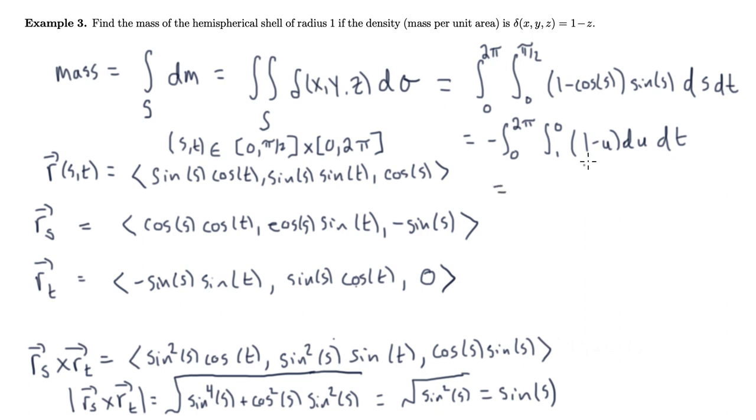And so what do we get? This looks like, well, we get a 2 pi, and then I can switch the order of the limits here with the negative, and so if I can just skip a few steps, I'll have u minus u squared over 2 evaluated from 0 to 1, but that's just going to be 1/2, and so the final answer is pi. I'll let you work through the details. I know I did that kind of fast. So that's the mass of this hemispherical shell.